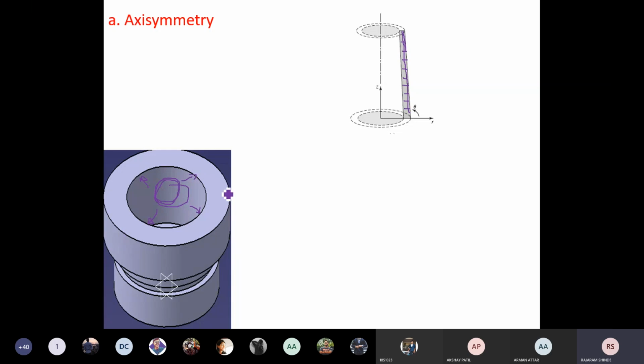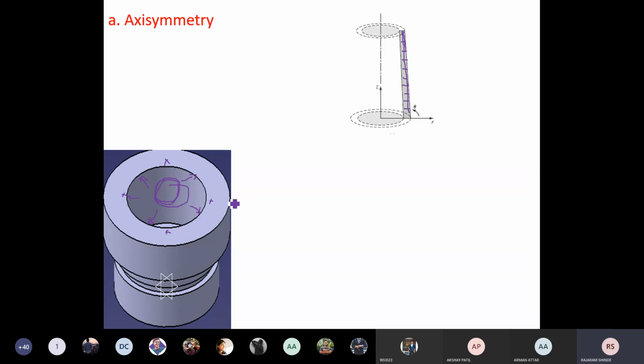Now see here, geometry is symmetric, material is symmetric, and loading is also symmetric about the axis. That means the same load is acting on the inner surface of the cylinder. So whatever deformation you get at this location, that same deformation you will get at this location.